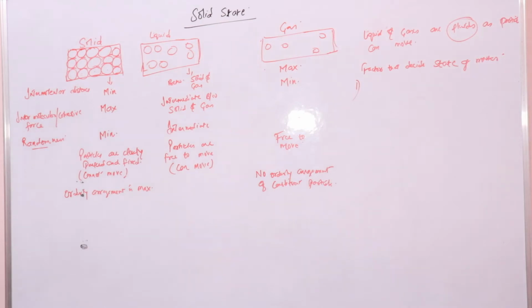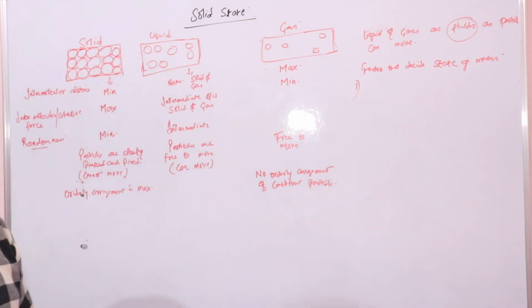So intermolecular forces, right? The first of the factors that decide the state of matter is your intermolecular forces that we have already discussed, right? And these are the forces existing among the constituent particles which try to keep the particles close to one another, right?